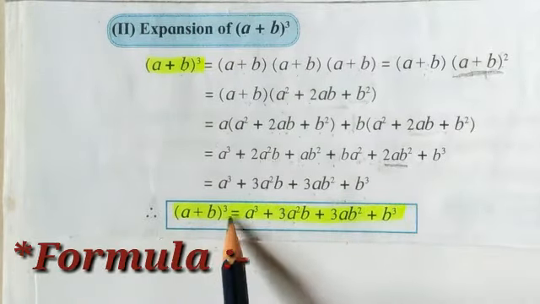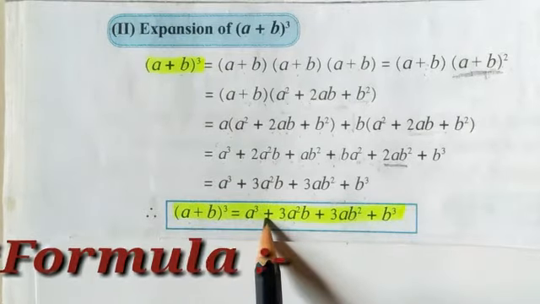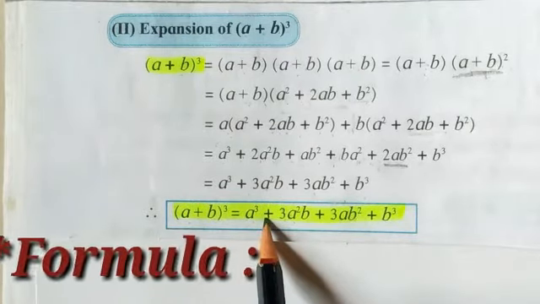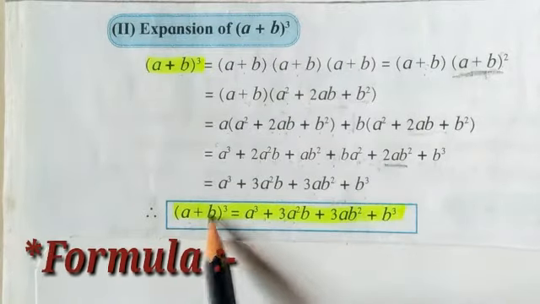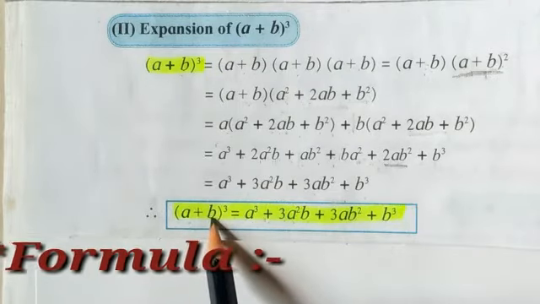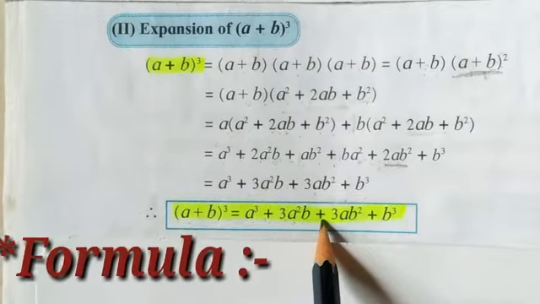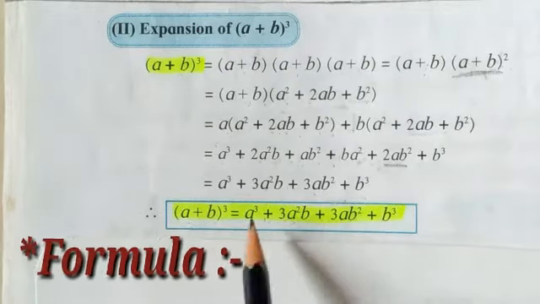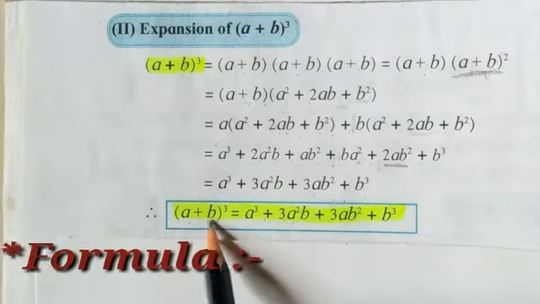So (a plus b) raised to 3 is equal to a raised to 3, it means first term's cube, plus 3 is going to multiply to both the terms individually. So 3 into first term square and second term, it means 3a square b, plus 3 is again going to multiply, but first term will be as it is and second term will be square.